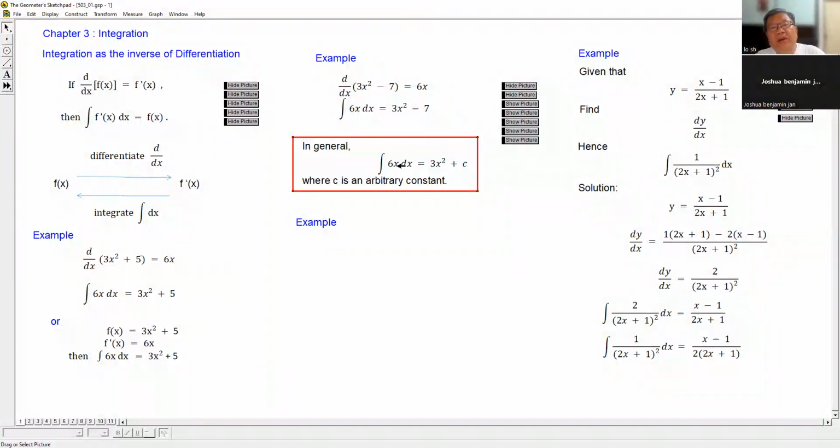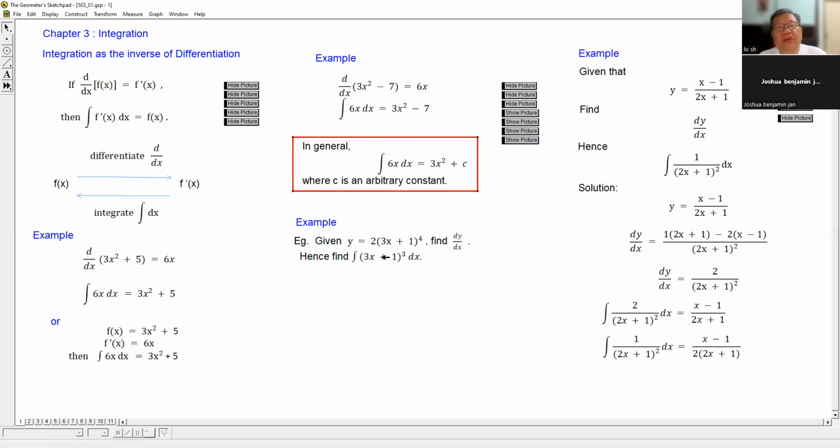So remember, when you integrate a certain function, there is always an arbitrary constant at the back there, because we don't know the original function. Of course, if you know the original function is -7, of course, answer is -7. If you know the original function is +5, of course, the answer is +5. But you don't know, then you call it C. Can follow or not so far? Can. Okay. Next one.